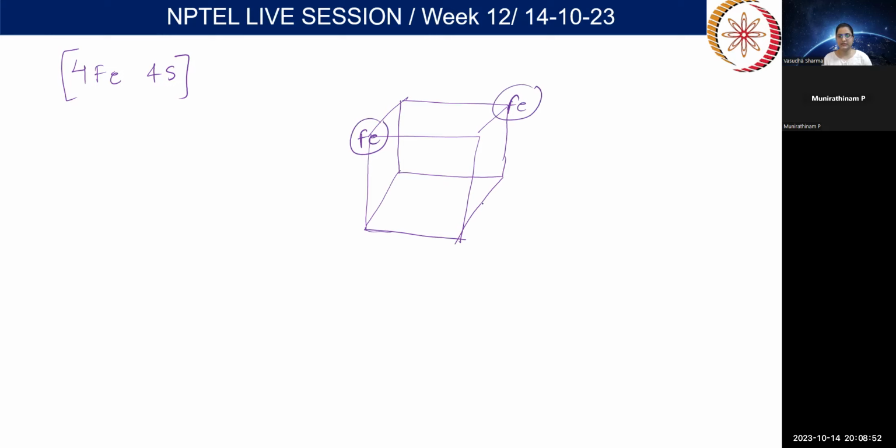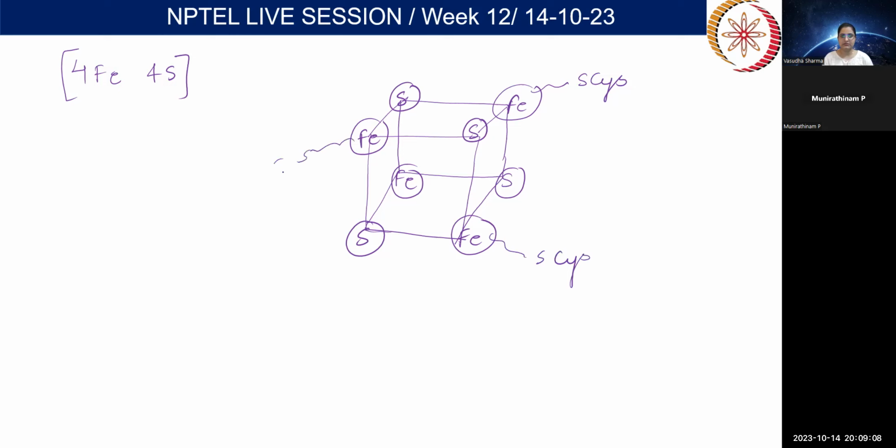Alternatingly, we are placing the iron, and there would be sulfur, sulfur, sulfur, and sulfur. And these would be bound with S-cysteine, completing its coordination. Okay, so this is then 4 iron, 4 sulfur.